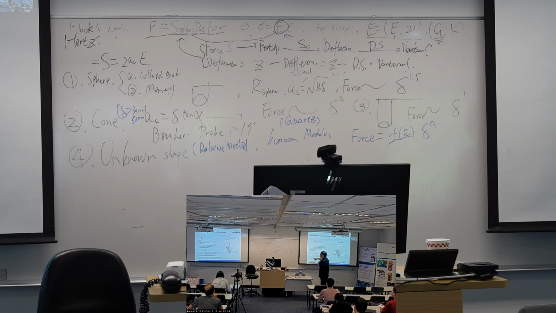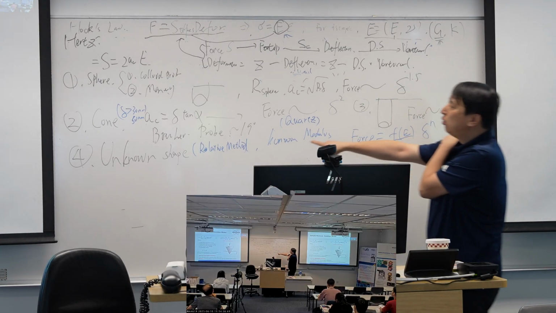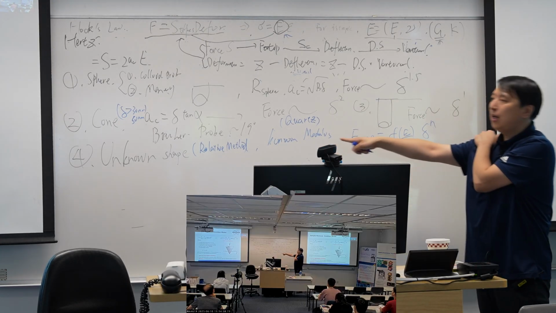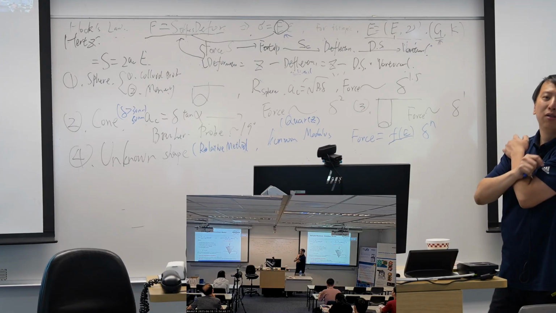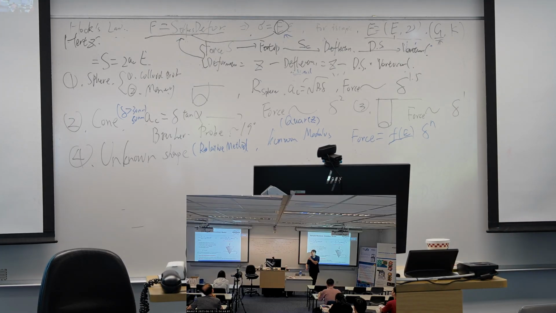But on AFM, the story is different because we are facing various samples. So for the known-modulus samples on the AFM, we have other reference samples that the facility provides, different kinds of samples.